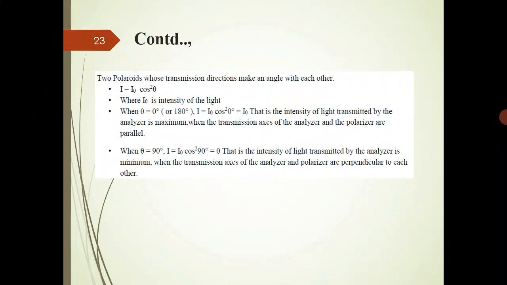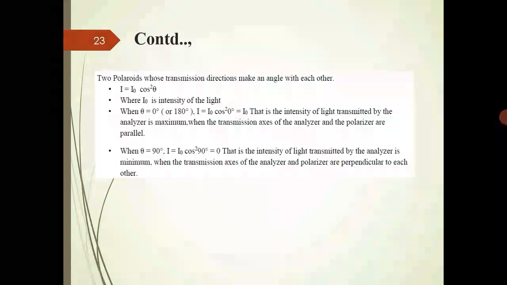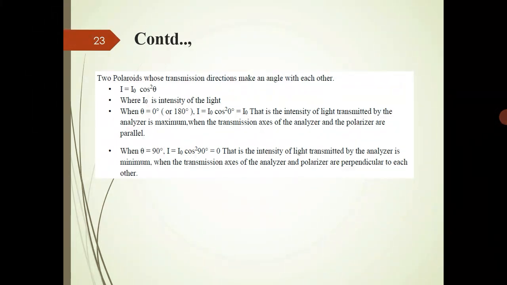In order to remove the proportionality, I have written I naught, where I naught is the intensity of that particular light. Based upon this angle, I determine the intensity of the light I. When theta is equal to 0 or 180 degrees, intensity I is equal to I naught. So the intensity of the light transmitted by the analyzer is maximum when the transmission axes of the analyzer and the polarizer are parallel to each other.